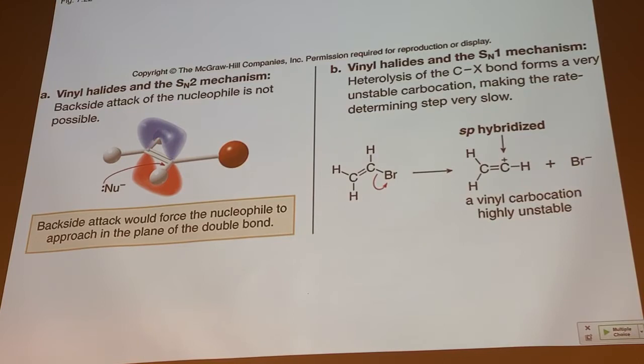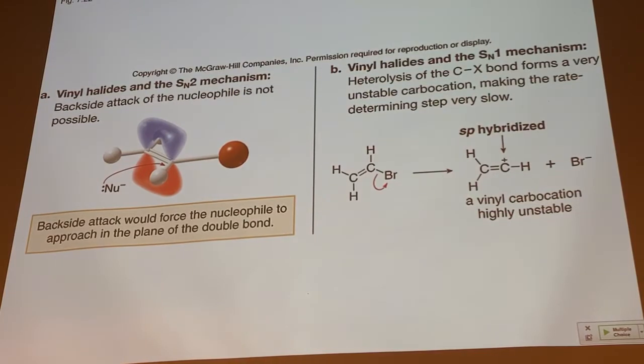So over here, and this figure is showing the vinyl halides, but the same explanation is operative with the aryl halides as well. So the sp2 carbon and the planar geometry here causes a couple of problems. First is that as the nucleophile approaches from the backside of the leaving group, which is required for SN2, it would be approaching very close to these pi electrons. And so you would have a repulsion that would prevent that from happening.